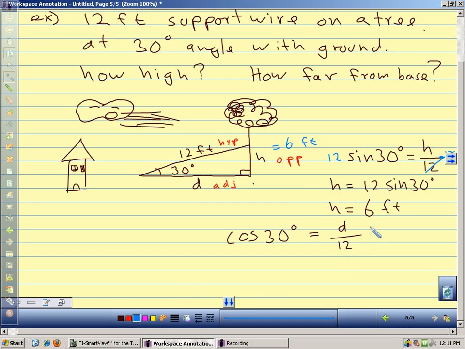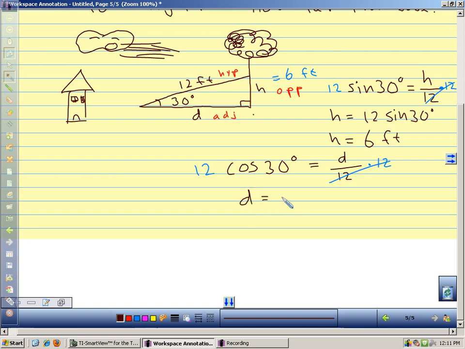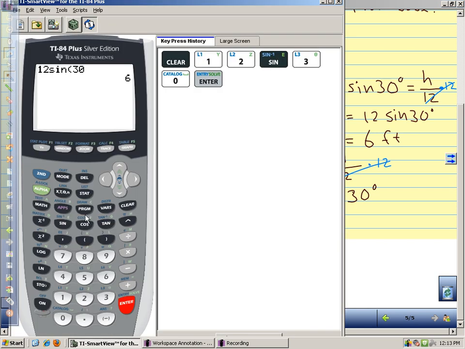So solve for what we need there. Multiply by 12. Those cancel. I'm multiplying that side by 12 also. So I get that d equals 12 cosine 30. Last step, plug into the calculator. 12 times the cosine of 30.